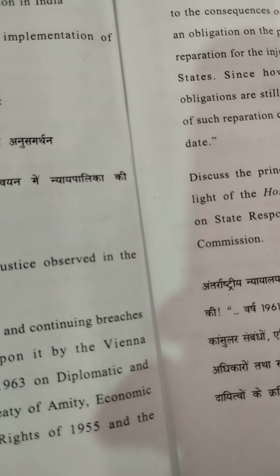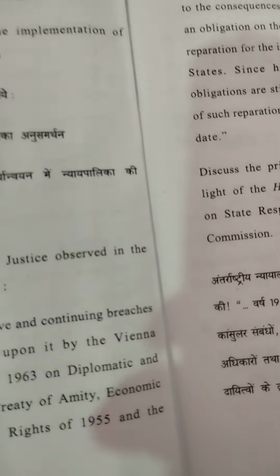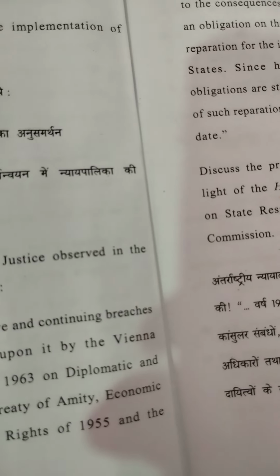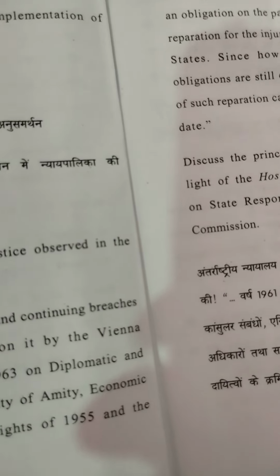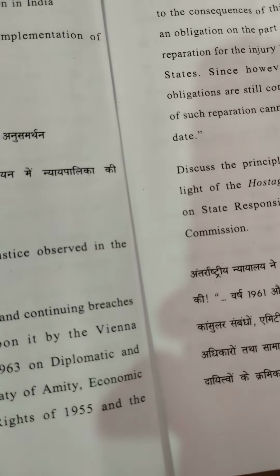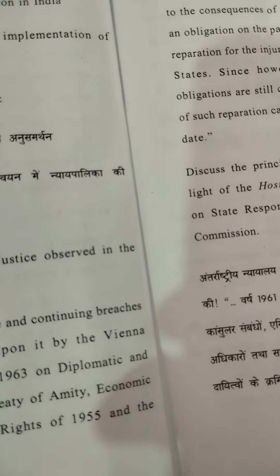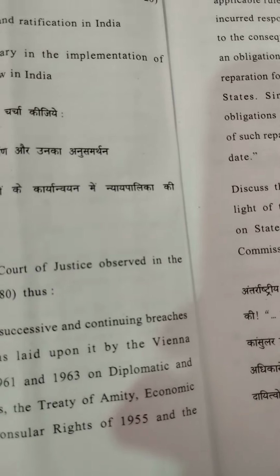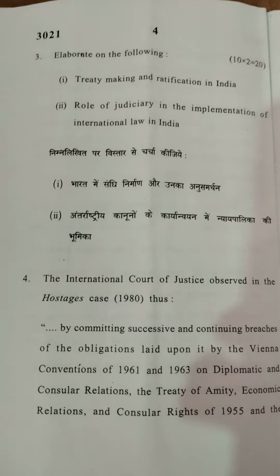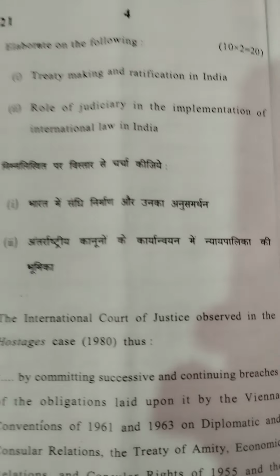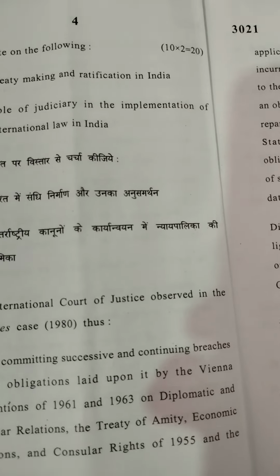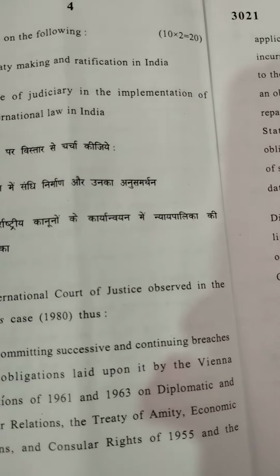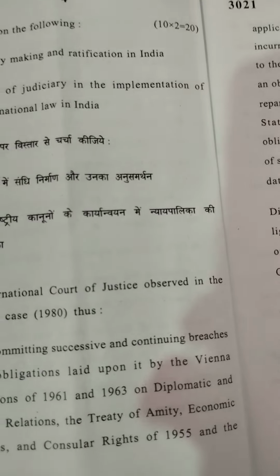Unless and until it is done, the treaty does not bind the state concerned. That's why this process was not done by Germany in the Geneva Convention, and that's why the judgment was in favor of Germany. It is approved by the state on behalf of the representatives of the concerned states.